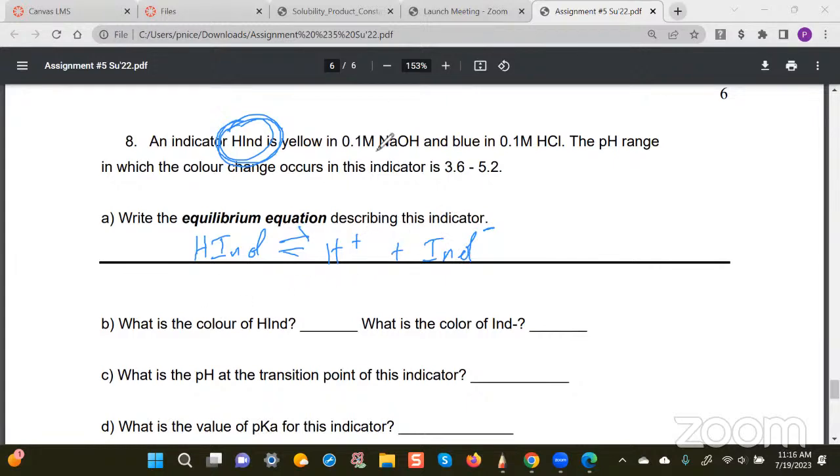Now, based on the information provided here and here, you should be able to answer the questions, what is the color of this molecule? And what's the color of this? So what do you think the color of the HIND is?